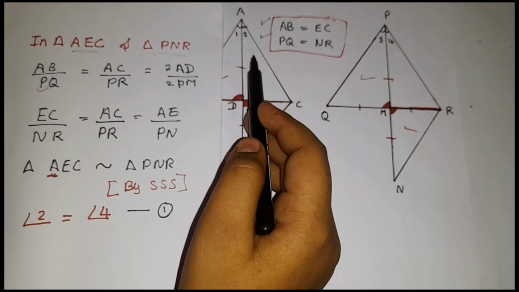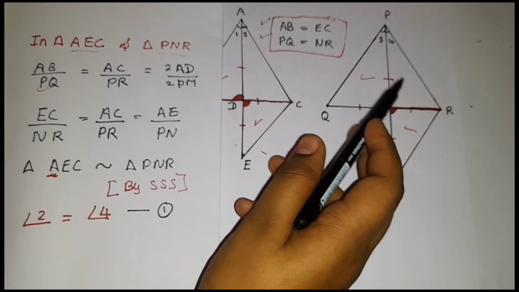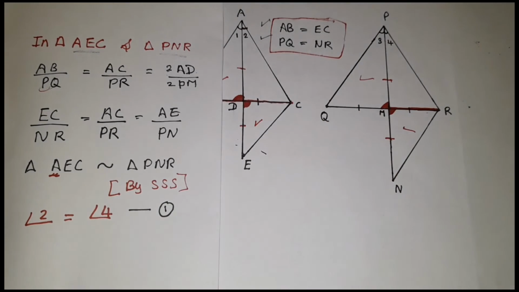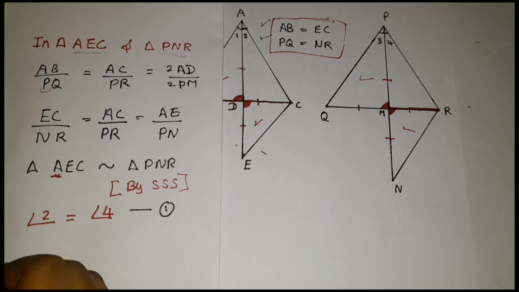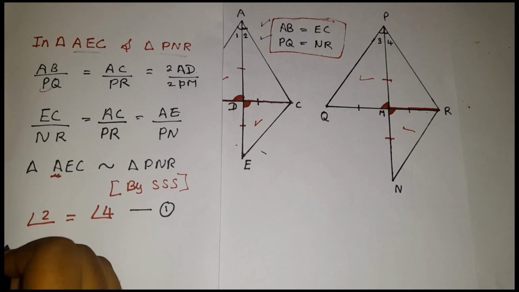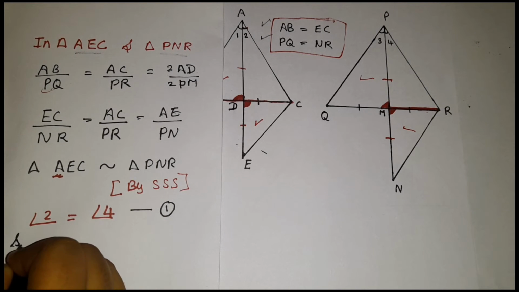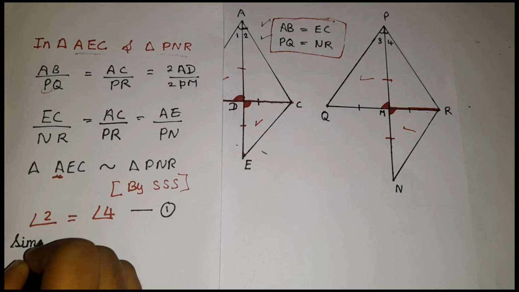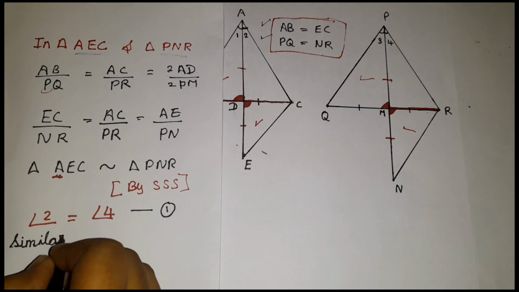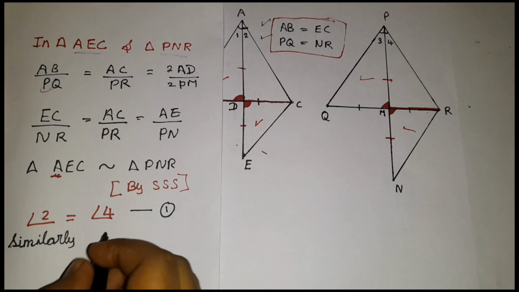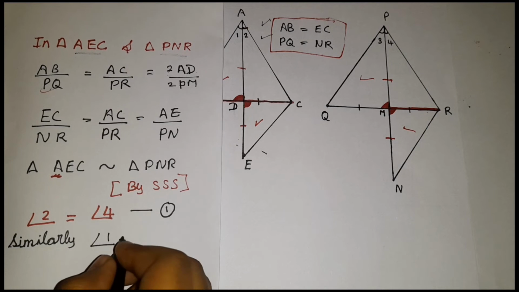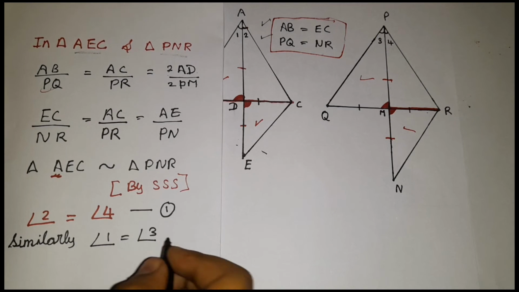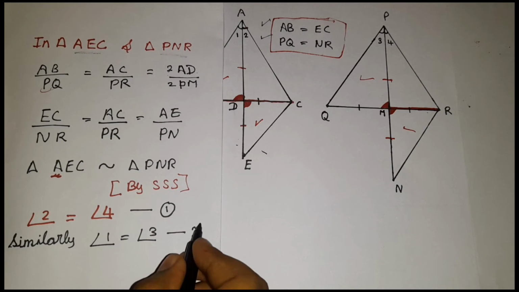Since we proved one angle, angle 2 equal to angle 4, I can also say, similarly, angle 1 is equal to angle 3. I can take this as equation number 2.